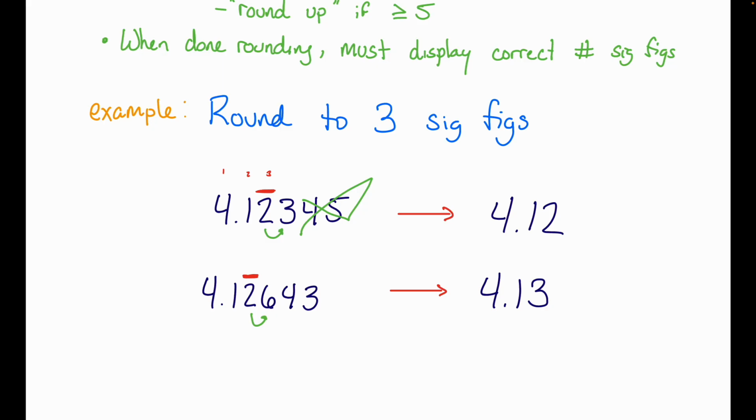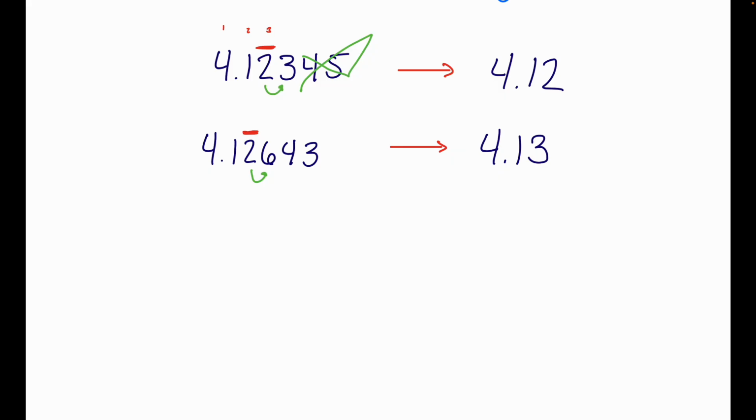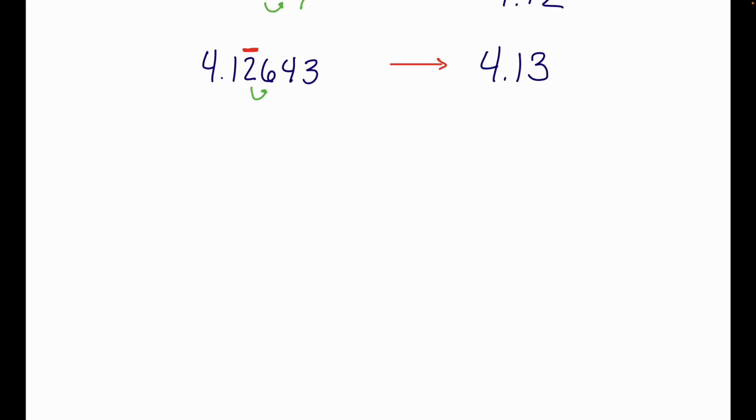Okay, so I'm going to put down a bunch of examples, and you're going to round these values to 3 sig figs. We'll keep it at 3.